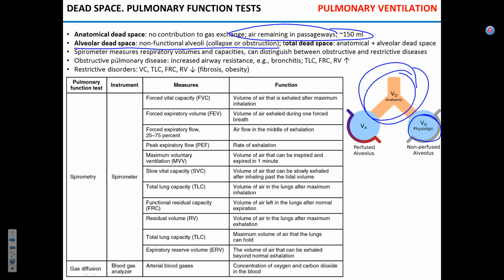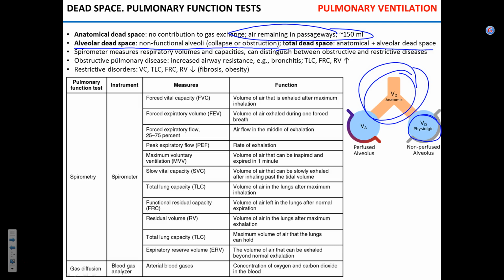Those dysfunctional alveoli represent alveolar dead space. That's it. Does that make sense? You understand what alveolar dead space is? Volume of the lung that is not suitable for gas exchange. So total dead space is the sum of this. Anatomical plus alveolar. Does that make sense?